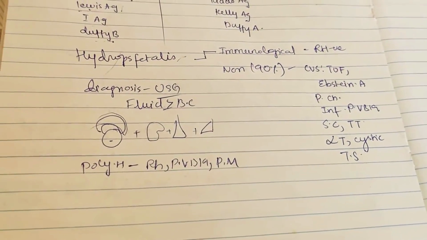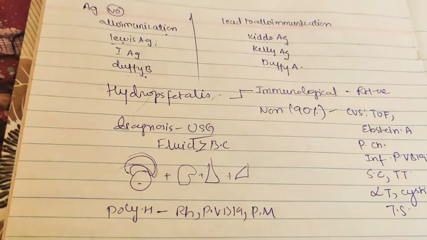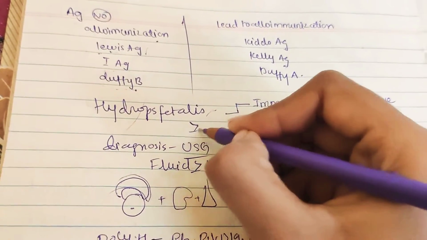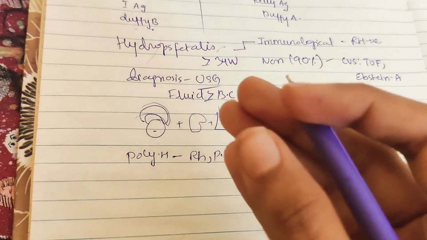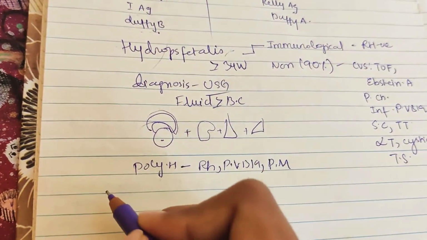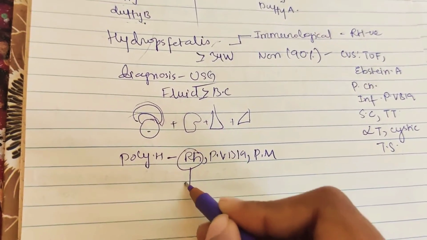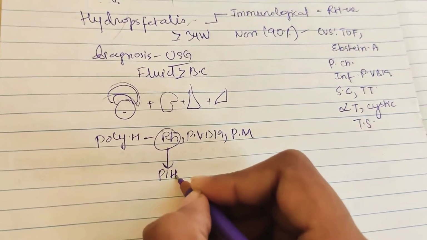Now coming to termination of pregnancy, it is better to terminate in Hydrops Fetalis at greater than or equal to 34 weeks. When Hydrops Fetalis is mainly due to Rh immunization, you will have PIH in the mother because of placentomegaly.